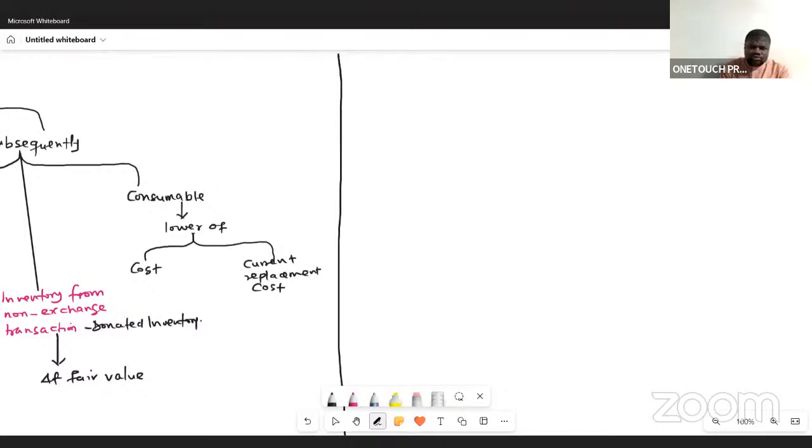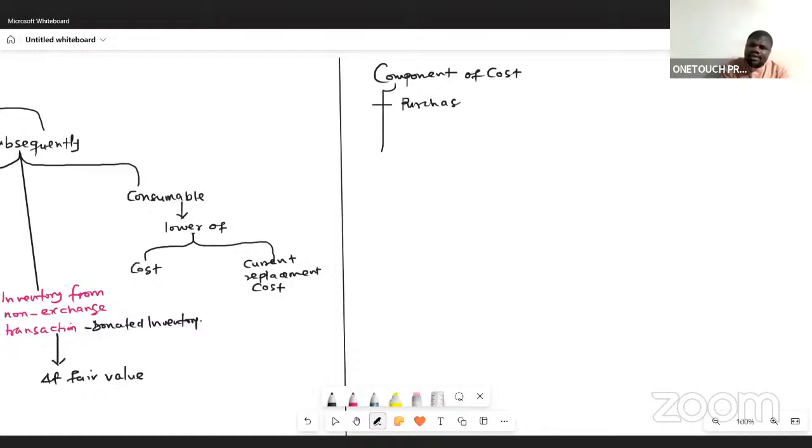We need to look at the component of cost. That one is very simple. Component of cost will include the purchase price, if it has to be converted, conversion costs, import duty, that is non-refundable purchase taxes.